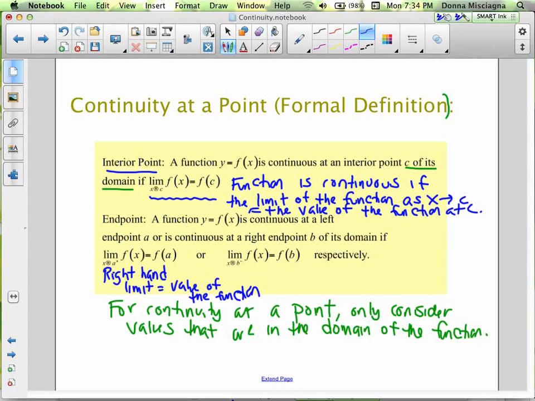And that's for, of course, if you're a left endpoint. And if you're a right endpoint, it's got to be the left-hand limit equals the value of the function.